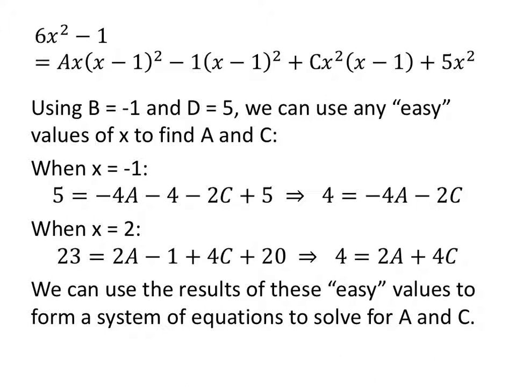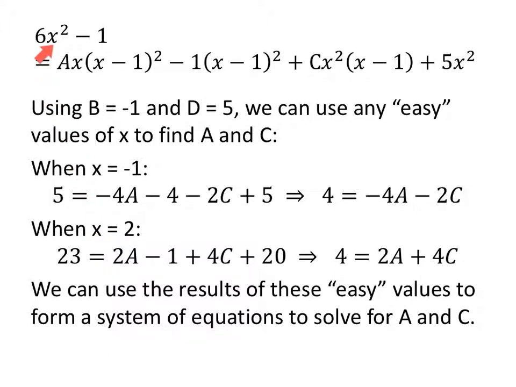I encourage you to pause as needed in order to make sure I'm not lying to you in that. I've checked this one so I know it's right, but make sure you know it's right. When I simplify this, I can subtract 5 from both sides and then add 4, so I have 4 equals negative 4A minus 2C. After I've used 1, 0, and negative 1, my next easy value is x equals 2.